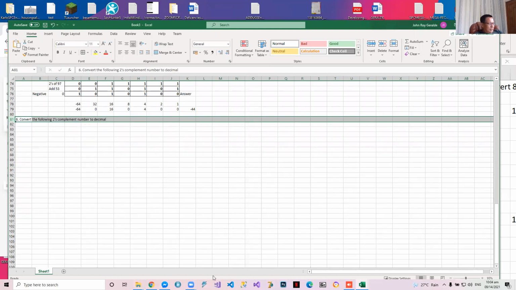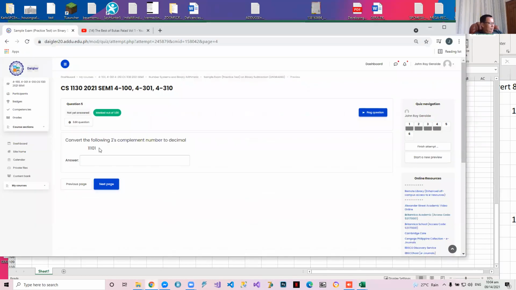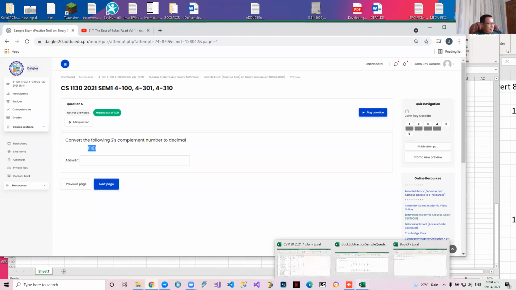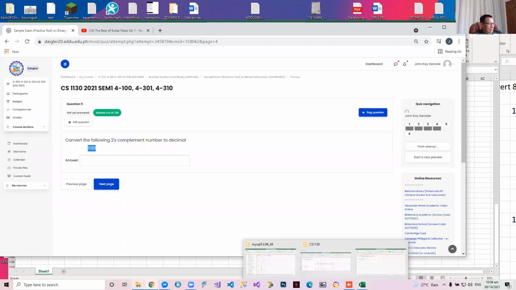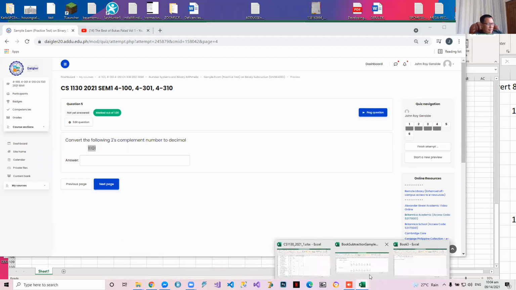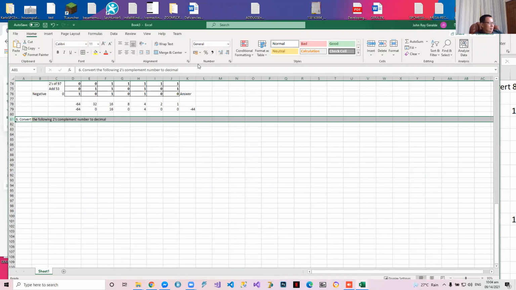So what's the number to convert? 11101. How many is that? There are five digits. Let me enlarge this.